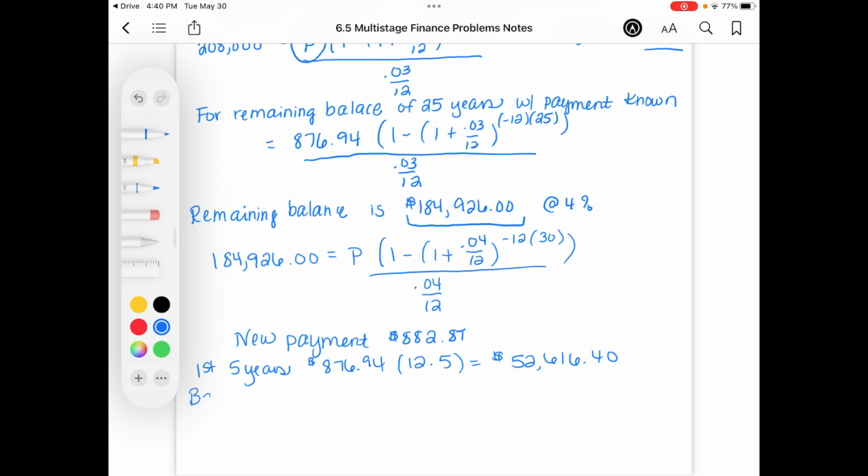Our principal balance reduced by the $208,000 that we financed originally, minus that leftover $184,926 that remained after 5 years. So $23,074.